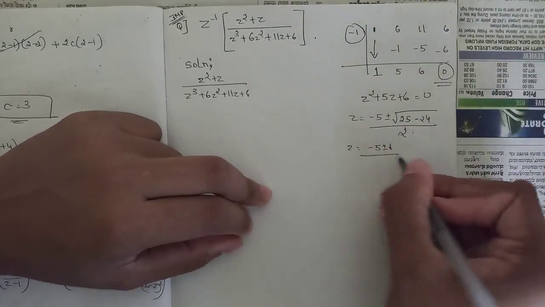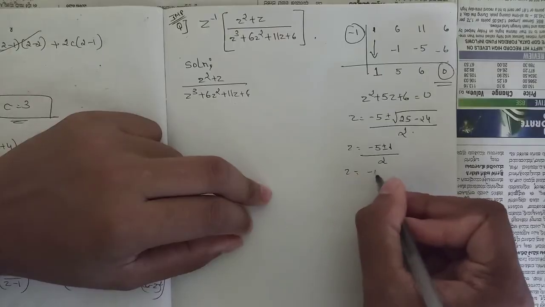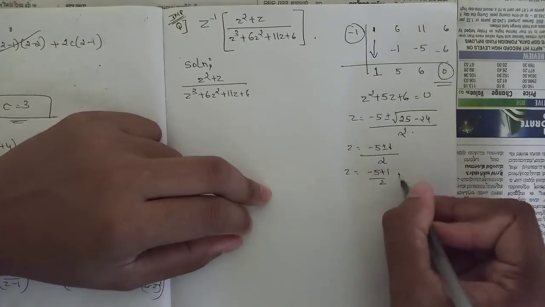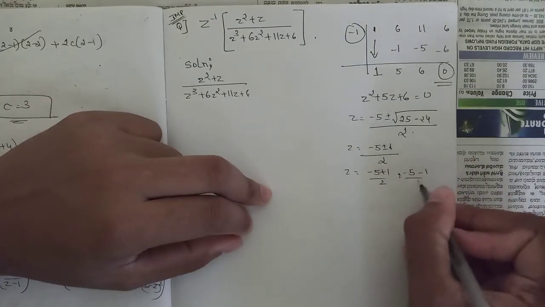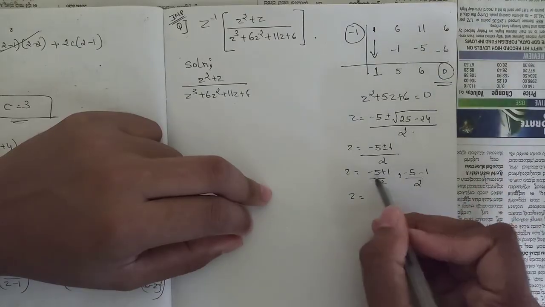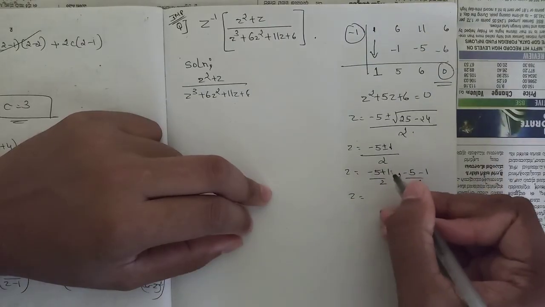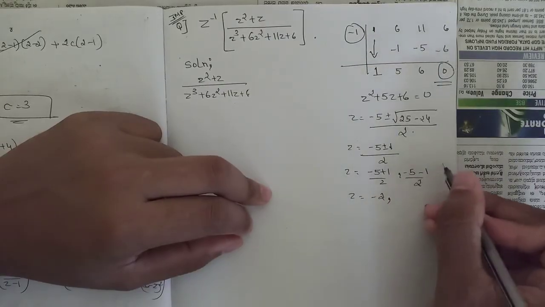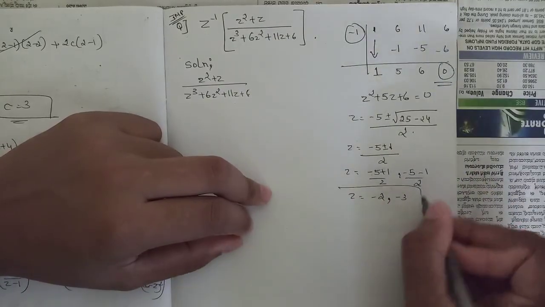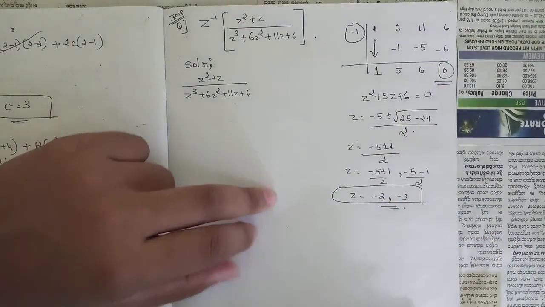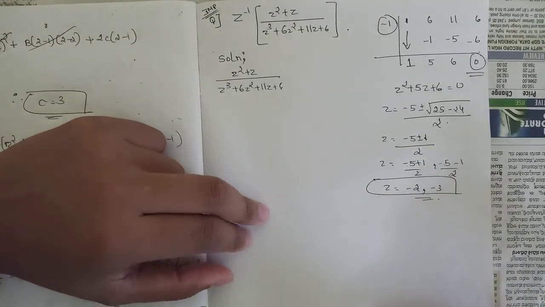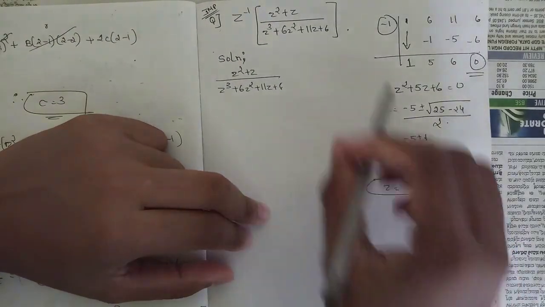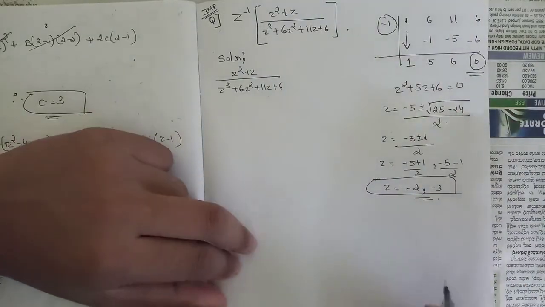So z equals minus 5 plus 1 by 2 or minus 5 minus 1 by 2. So the values of z we get are minus 4 by 2, that is minus 2, and minus 6 by 2, that is minus 3. So finally we get these three roots, that is minus 1, minus 2 and minus 3.